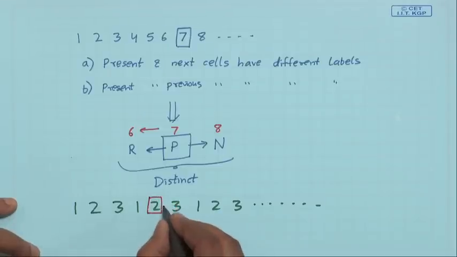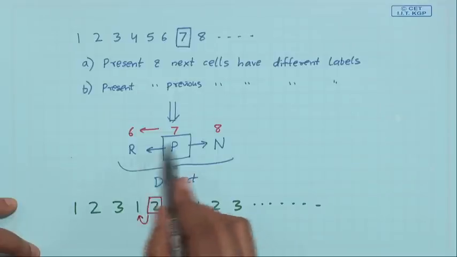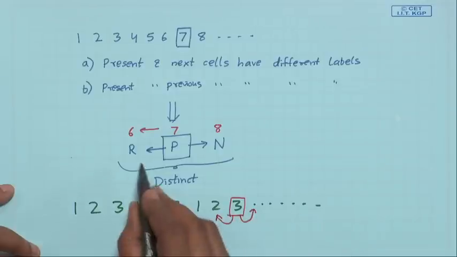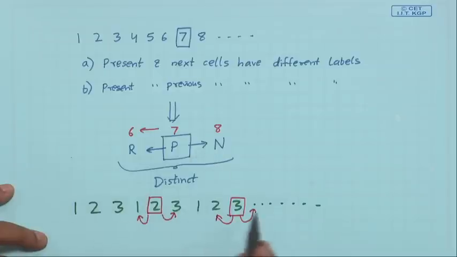For this 2, the next label is 3, the previous label is 1. They are all distinct as it was here. Take any other, let us say take 3, your previous label is 2 and next label will be 1 again, which are all distinct. So, the property of distinct numbering also holds for this.